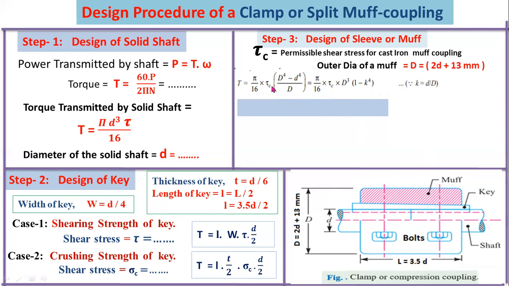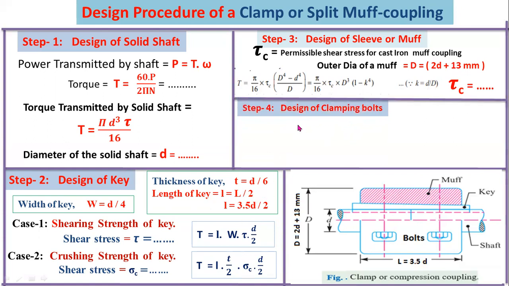Torque equals pi by 16 into tau c into D cube into 1 minus k power 4, where capital D equals 2d plus 13 mm and k equals small d by capital D. Small d is the diameter of the solid shaft, and capital D is the outer diameter of the sleeve or muff coupling. From this equation, you can get the value of tau c.